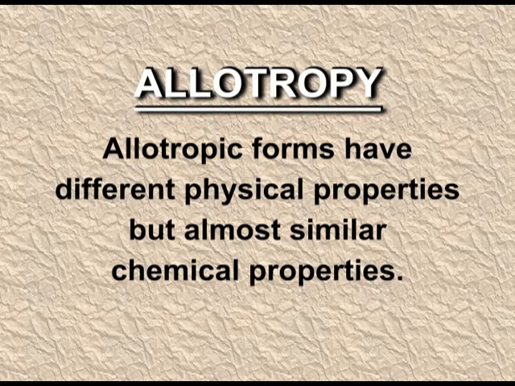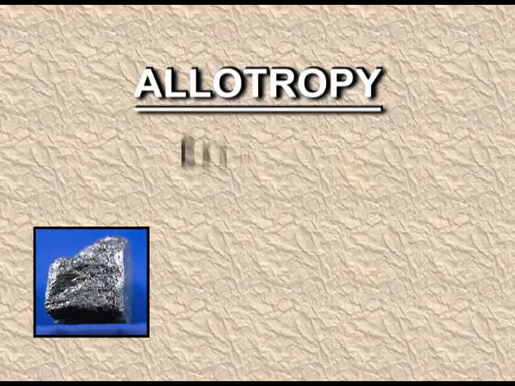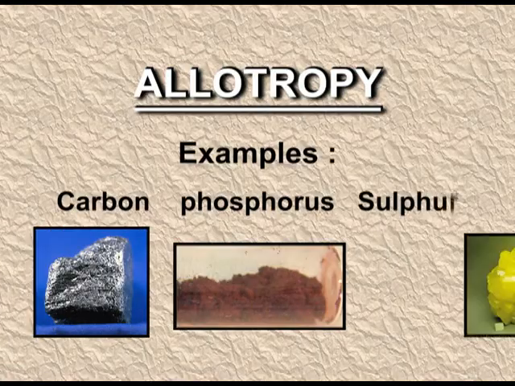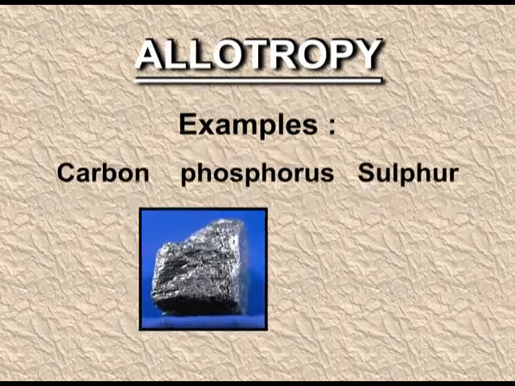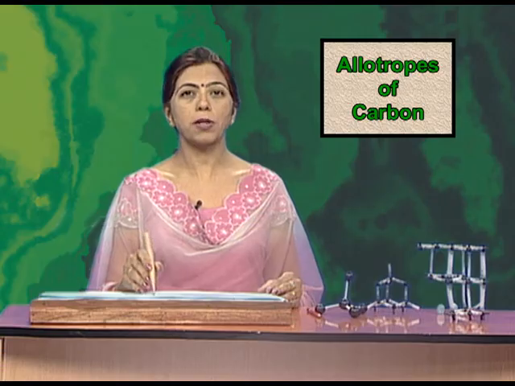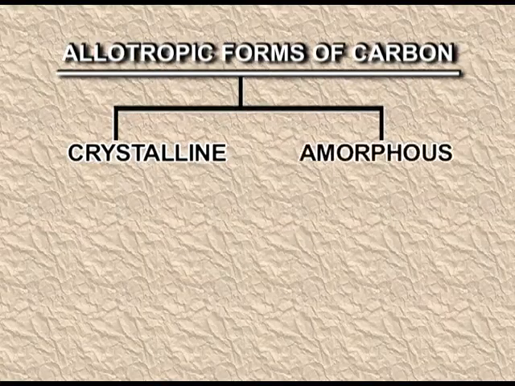Many elements show allotropy, but the most common examples are carbon, phosphorus and sulfur. Today we will deal with the allotropic forms of carbon. Carbon shows two allotropic forms, crystalline and amorphous.